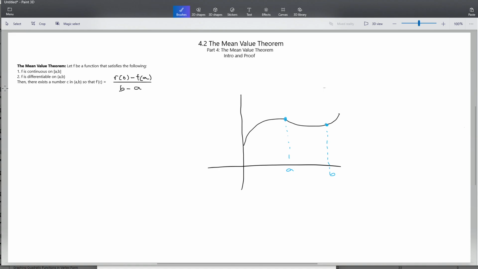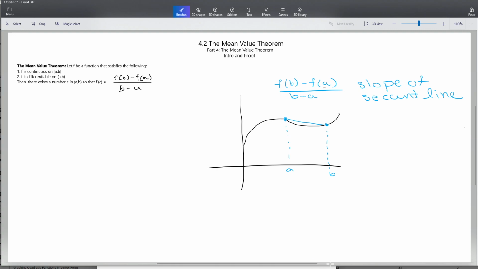Now what is f of B minus f of A over B minus A? Well, that is the slope between these two points. So we would say that f of B minus f of A over B minus A is the slope of this line that's drawn, which is the secant line, just the line drawn between the two endpoints.